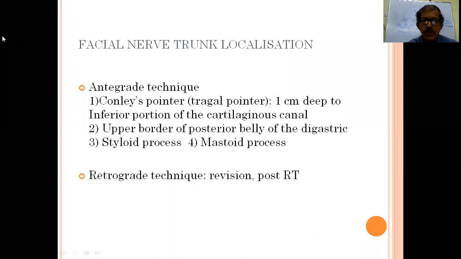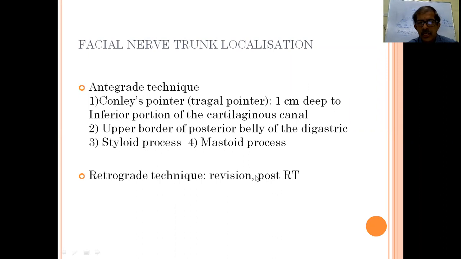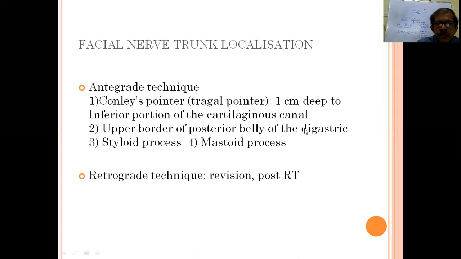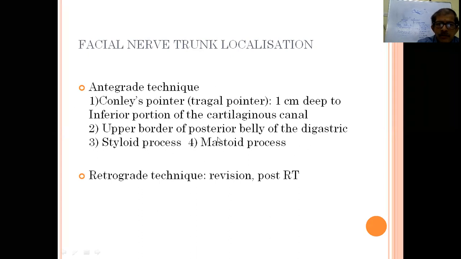That is retrograde. Usually we don't do this unless in a recurrent case. Usually we prefer the antegrade. So these points are very, very important. In the exam also they will ask you. Conley's pointer is very, very important. This is also asked in entrance exams. So what is this Conley's pointer?